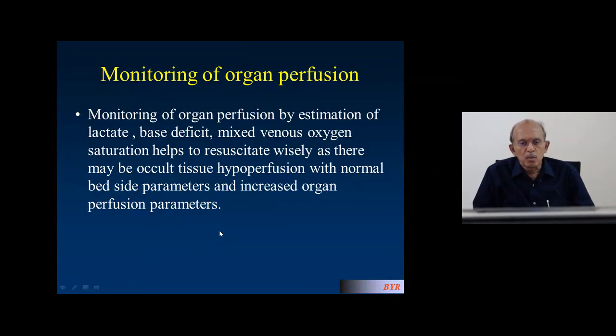That means how much metabolic acidosis is there, and by calculating the mixed venous oxygen saturation in the major veins. So they will tell you about the perfusion status. For that reason, these things can be done.